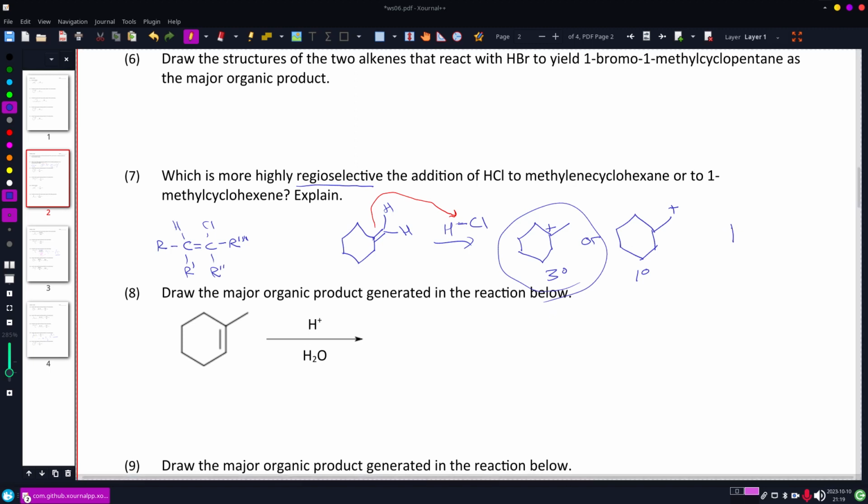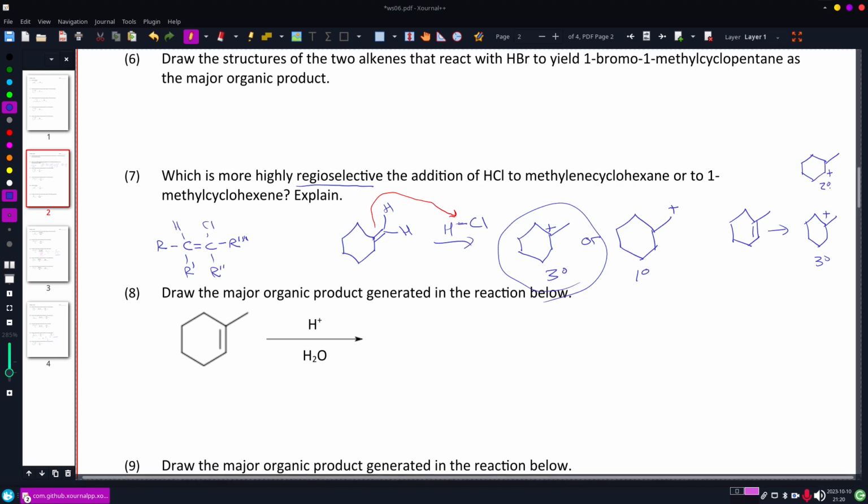But with our other one, the methylcyclohexene, when we make our two carbocations, we're going to have that same one tertiary, but the other one made here puts that cation there, making it secondary.